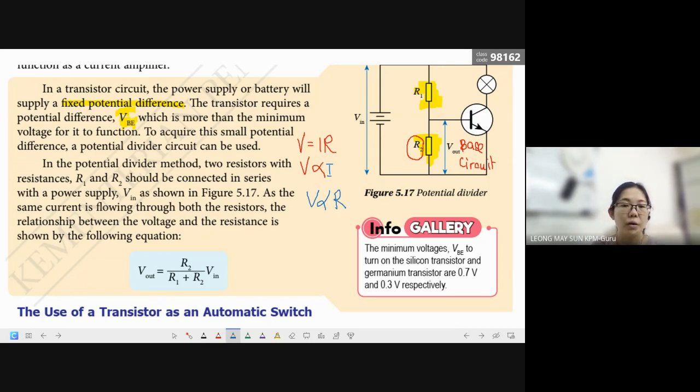Okay, so in order to get this, I am going to bring something out again. Hold on. This is potential divider. I better take this one out.